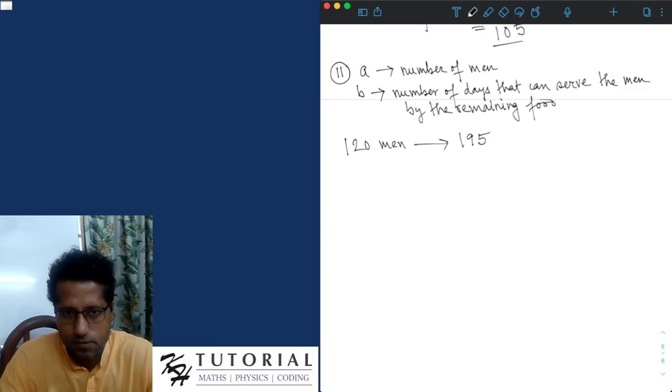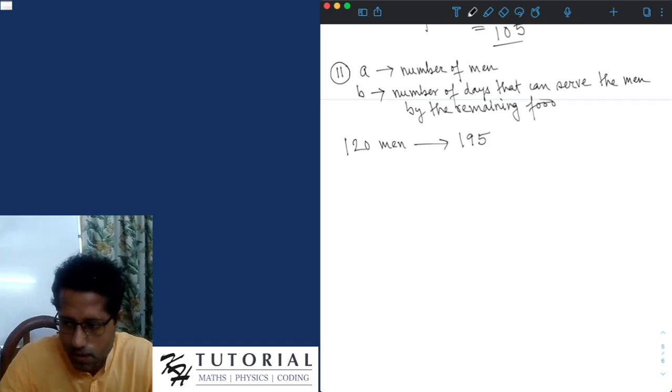Please keep in mind that we are having the data based on the remaining food. After 5 days, whatever food is remaining, 120 men can last for 195 days.